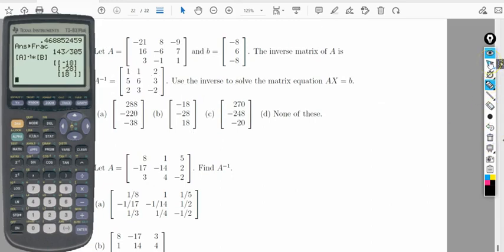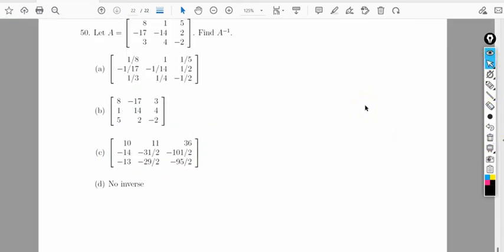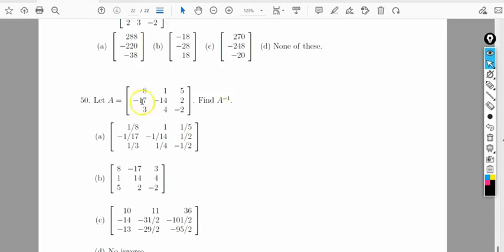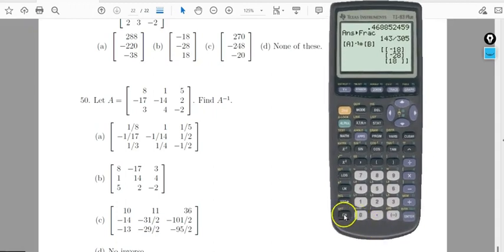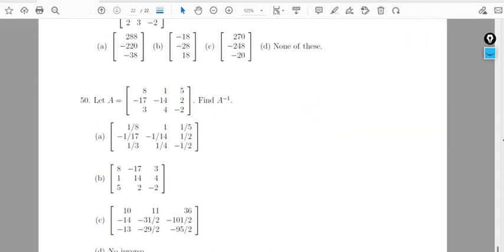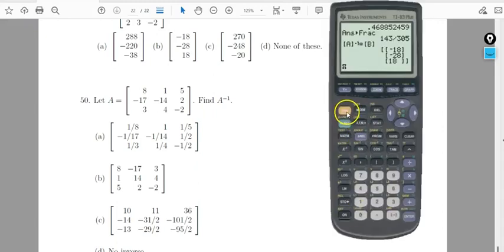And finally, find A inverse. Put A into your calculator and ask it to do A inverse. So this is one where you do need to use your calculator. Get into the matrix menu, second, X inverse, go over to the editor.